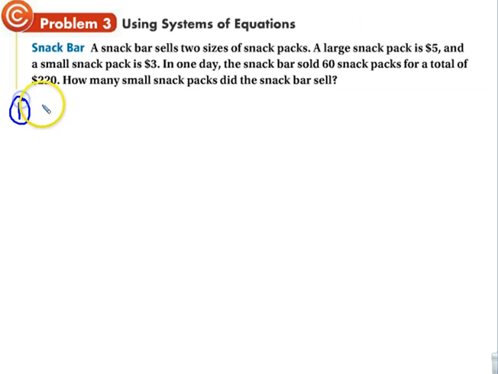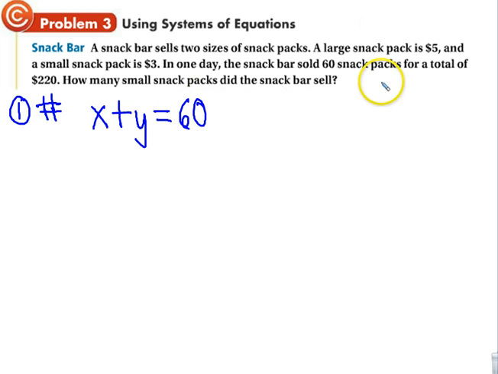Equation number 1 is representative of the number of snack packs that we sold: x plus y equals 60, where x equals large and y equals small.